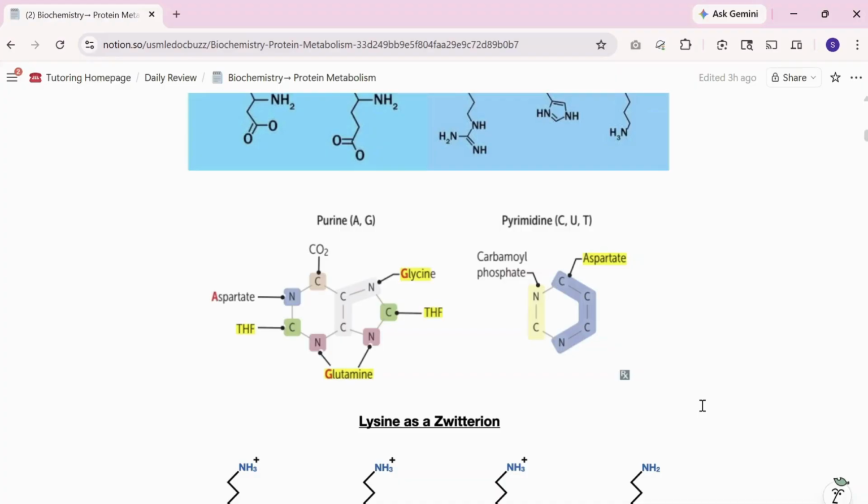If you look at the structure of glycine, you don't have any side chain, it's only hydrogen. Glutamine contributes the two nitrogens, then aspartate.